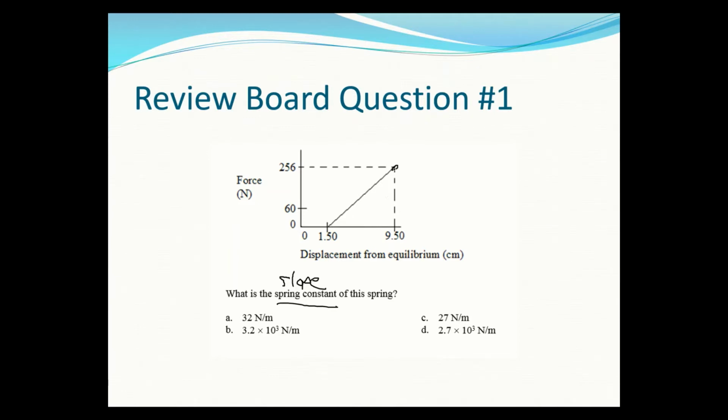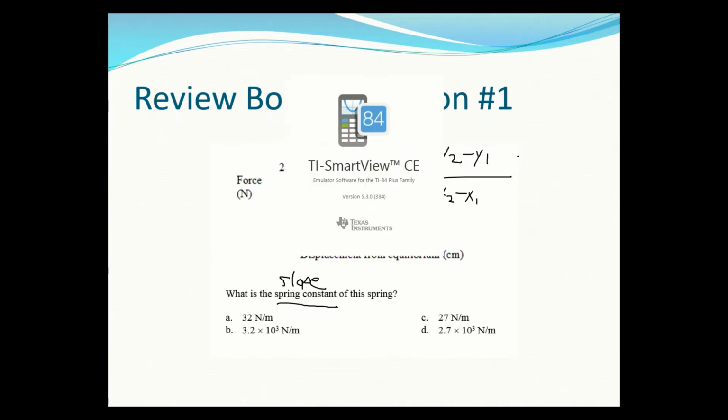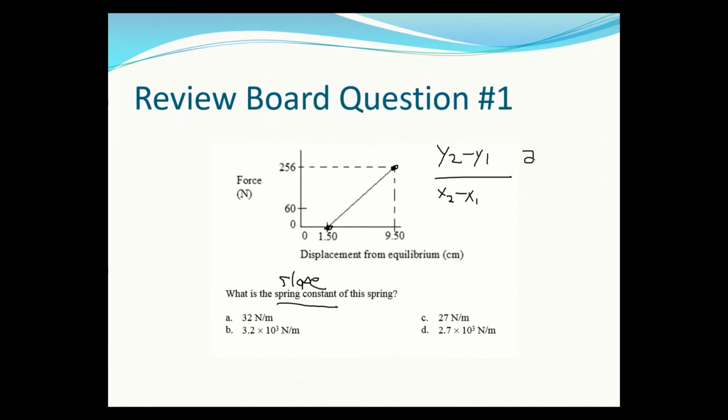So to find the slope, we would just use these 2 points. So it's going to be y2 minus y1 over x2 minus x1. And our points that we're picking are going to be 256 newtons minus, looks like our bottom one is 0 newtons.